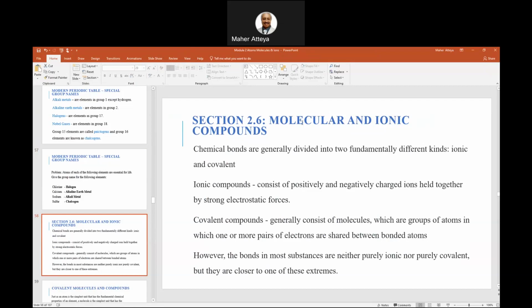Other types include coordination bonding, for example, a third type, and even metallo-organic bonding. But we are interested in the two major ones, covalent and ionic.